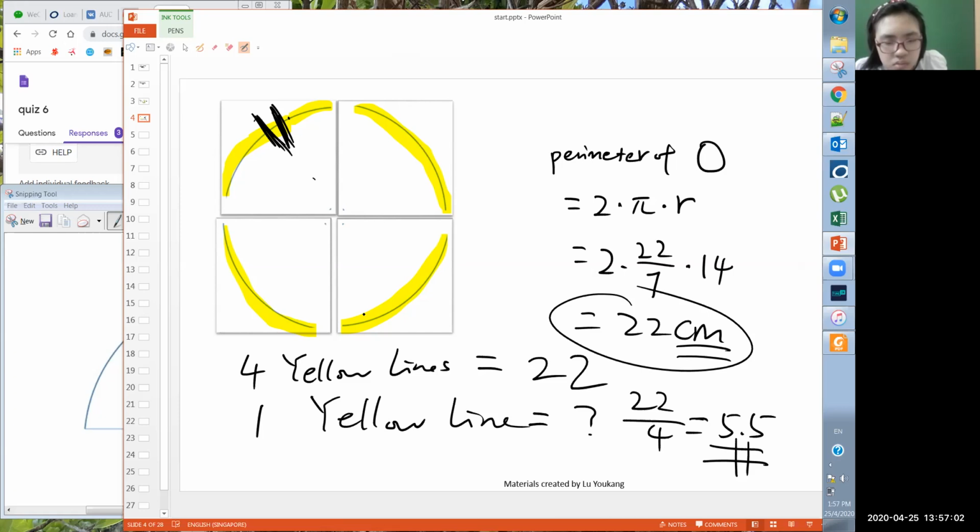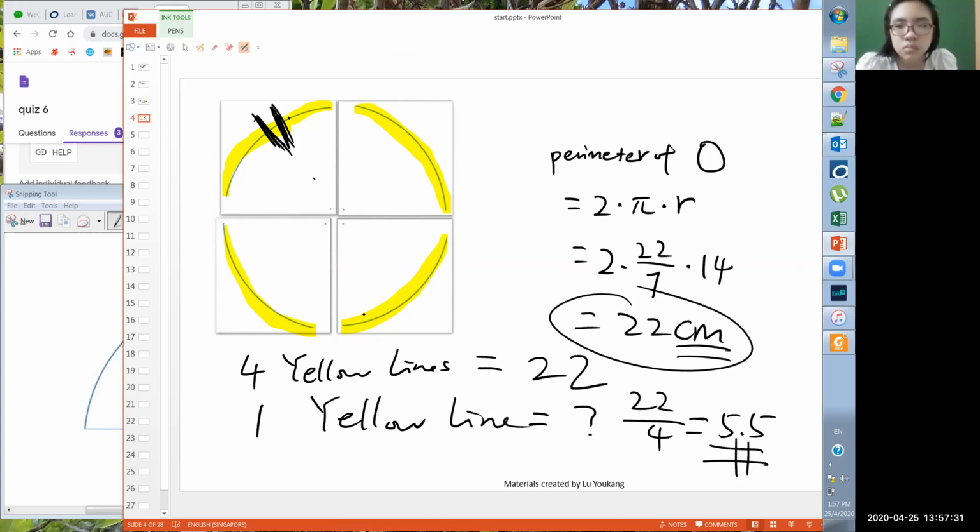Repeat. Full circle divided by 4 will always give you the quadrant. Repeat with confidence. Full circle divided by 4 will give you the quadrant.